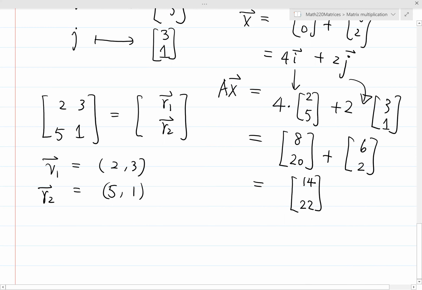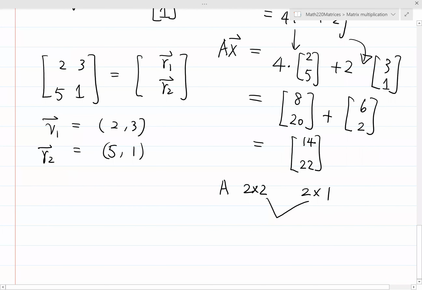A is 2 by 2. Now X is 2 by 1. So these coincide. Then you delete the adjacent numbers 2 and 2. So you get the output is 2 by 1, 2 rows, 1 column.